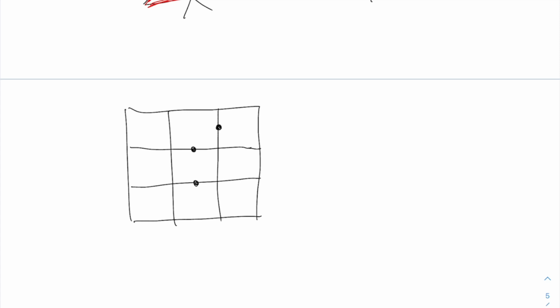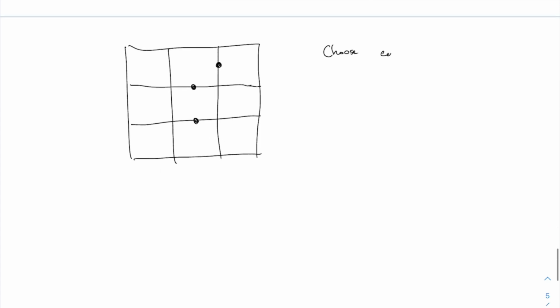The first thing that you should do is choose edges at all the degree 2 vertices. This is how you can get started. So I am going to, that would be the corners here. Those are all degree 2s.